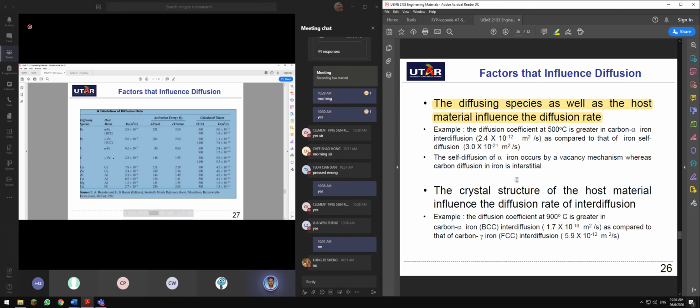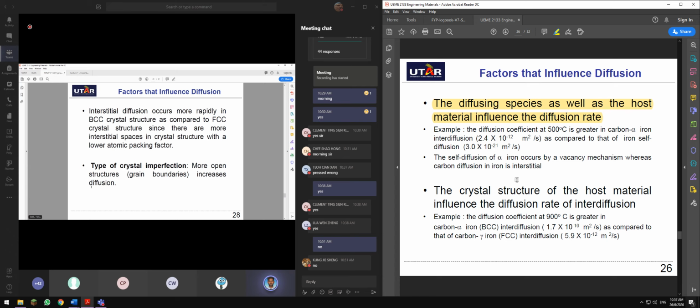You can see the diffusion rate stated over here, and this is the diffusing species, and this will be the host material, and this is the rate. Then you have the activation energy, and this is the calculated values.